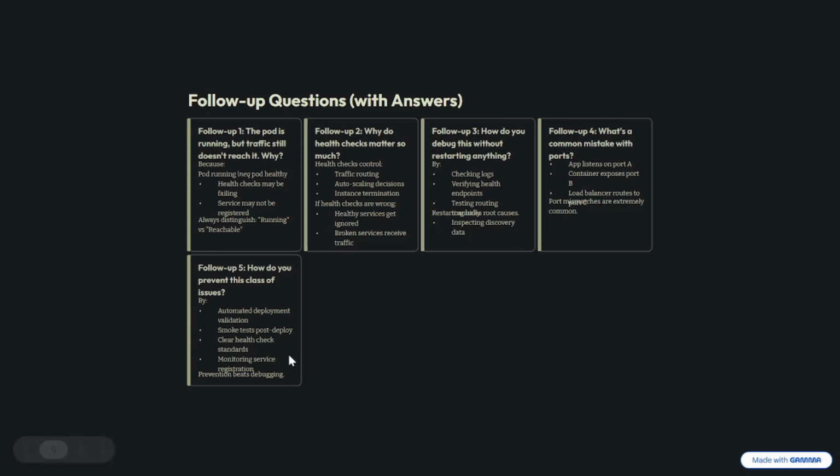If your system automatically verifies routing after deploy, users will never see the issue. So when traffic does not reach a service, it is usually not a code problem, it is a configuration problem.